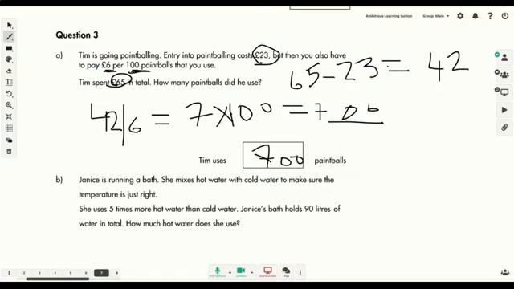I hope you guys got the same answer. That was an easy one to get the answer.